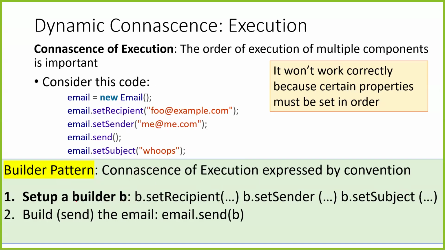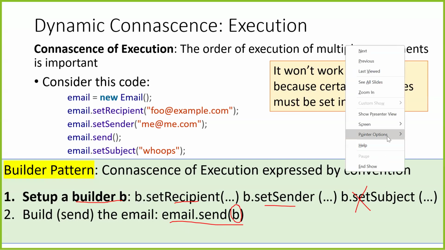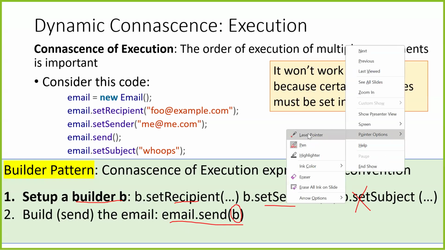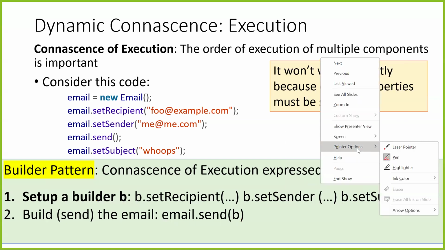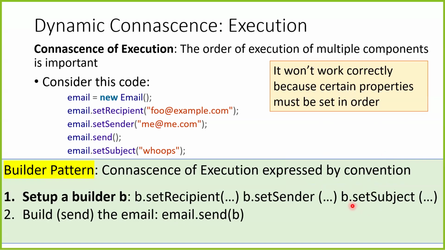Builder is just a class. Let's say builder B equals new builder. And now you need to set up a recipient. Then you need to set up a sender. And if you don't do this, and try to send the email like that, email.send with the builder B, you can't, because you did not set up your subject. So that could be one way of enforcing the connaissance of execution within your code.